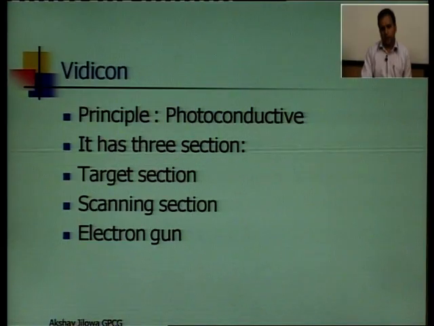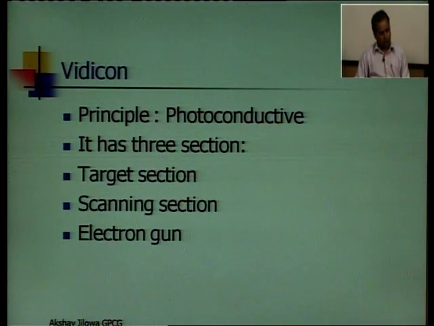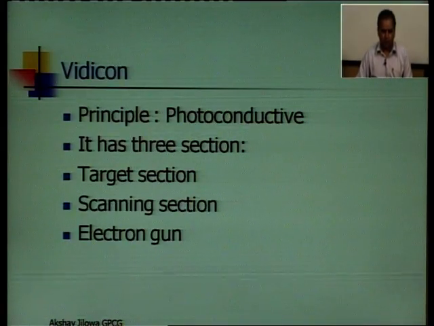Next tube is the Vidicon. Its principle is photoconductivity, whereas the principle of the image orthicon was photoemission. It has 3 sections: one is the target section, second is the scanning section, and third is the electron gun.